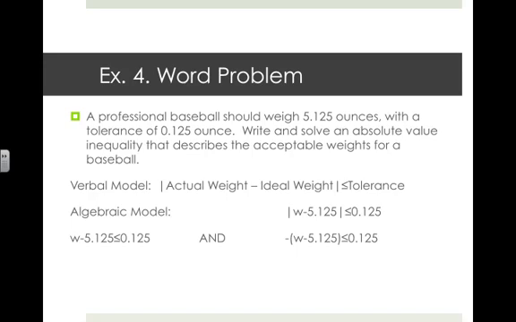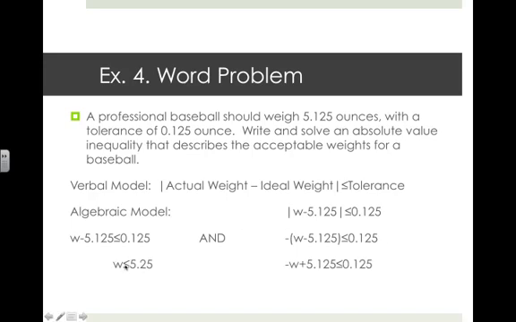So let's split up into our two cases. Now this is less than, so we're going to connect with and. If it's greater, we connect with or, only when we have absolute values. So we have W minus 5.125 is less than or equal to 0.125, and the opposite of the quantity W minus 5.125 is less than or equal to 0.125.